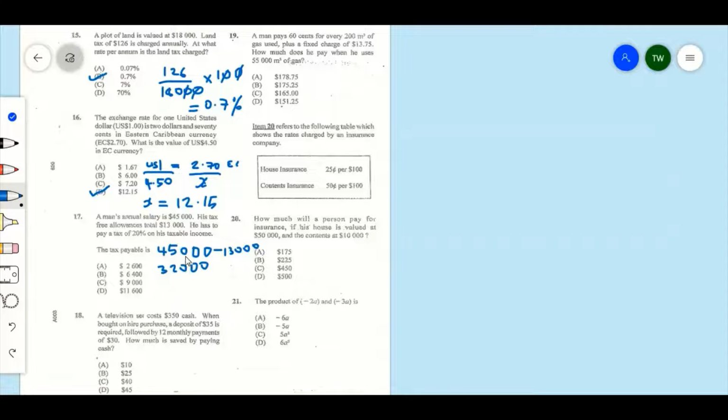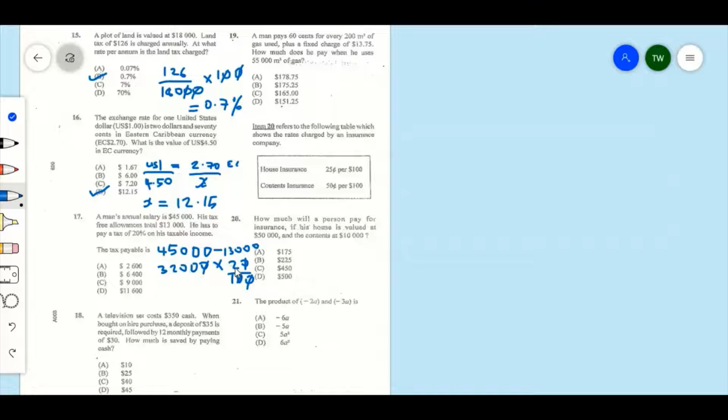So his taxable income is $32,000, and he pays 20% of tax. So it's going to be 32,000 multiplied by 20%, and 20% is the same thing as 20 over 100. Now 20 over 100 is the same thing as 2 over 10, and 0 here cancels 0 over here.